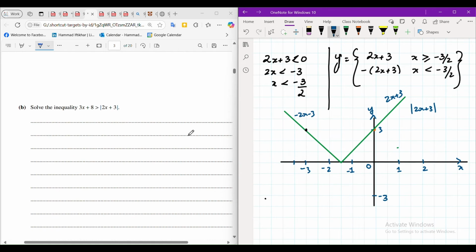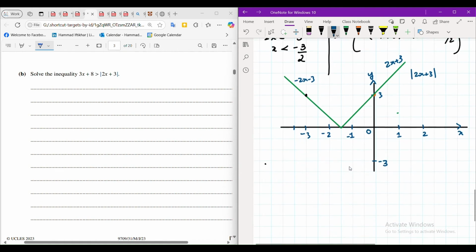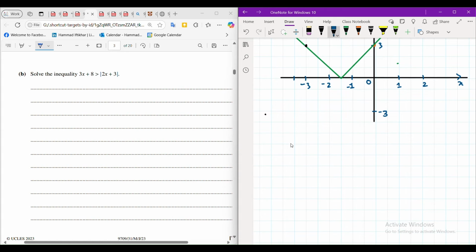So since we are short of time, let's go with the squaring method. 3x plus 8 whole squared, greater than 2x plus 3 squared. We take the square on one side, 3x plus 8 squared minus 2x plus 3 whole squared, greater than 0.